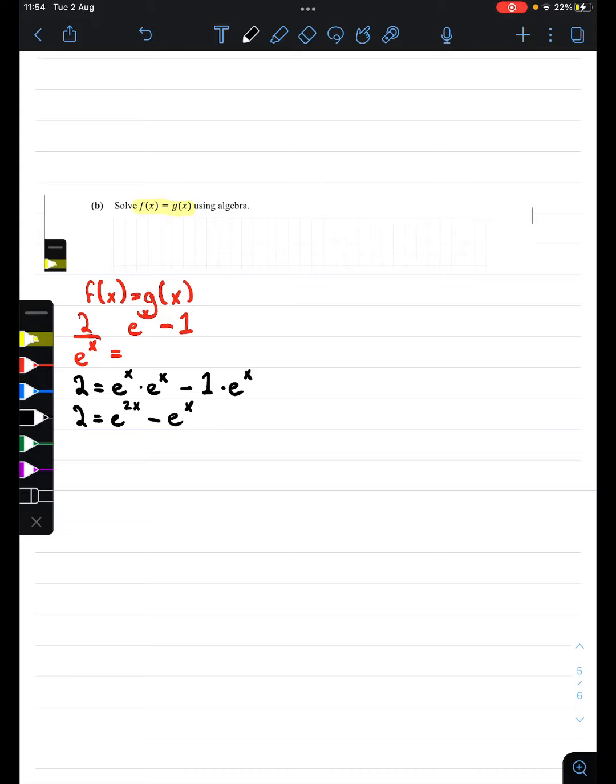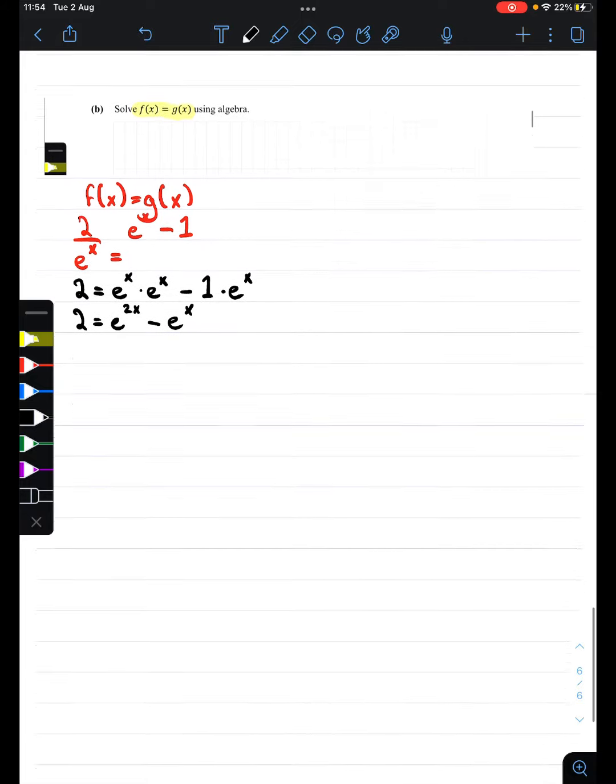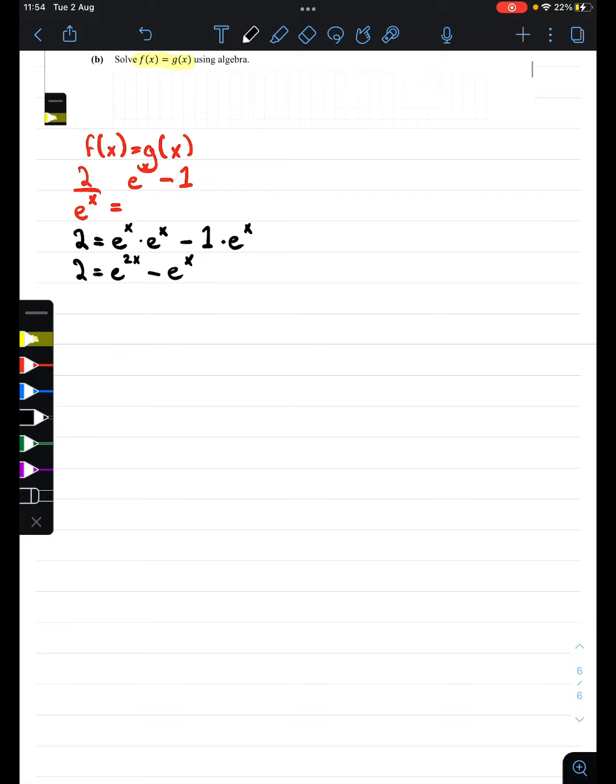And now this might look a little bit weird. How might we solve something like this? The trick is to realize that this kind of looks something like a quadratic equation.